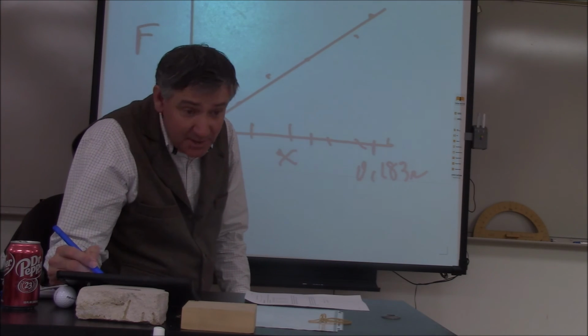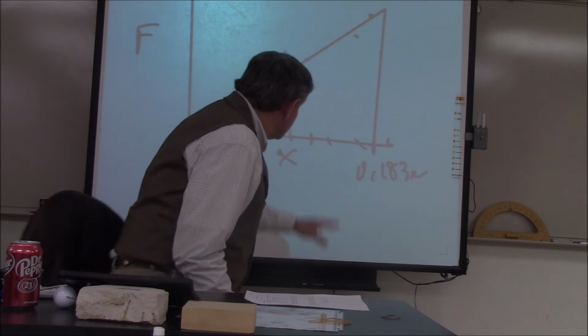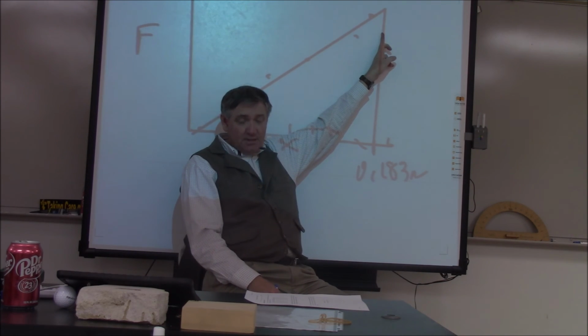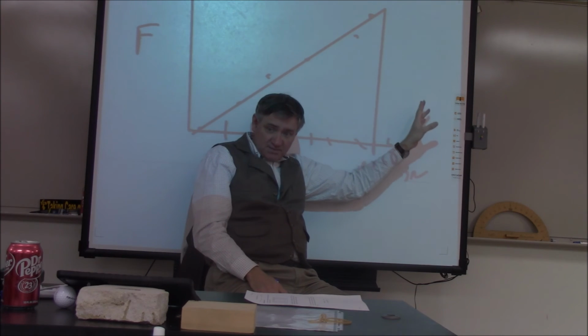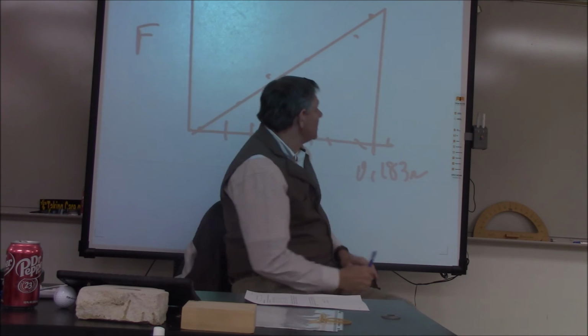Then you're going to take a ruler, you're not going to freehand this, and you're going to draw that straight up to where it intersects the line of best fit. Not the force that corresponds with it off of your data. Listen to me.